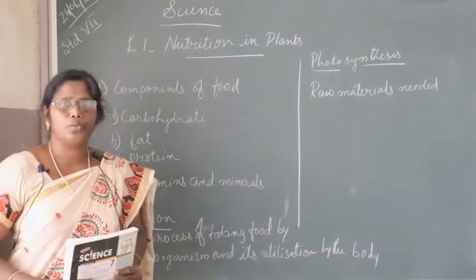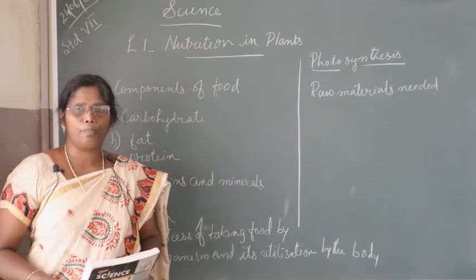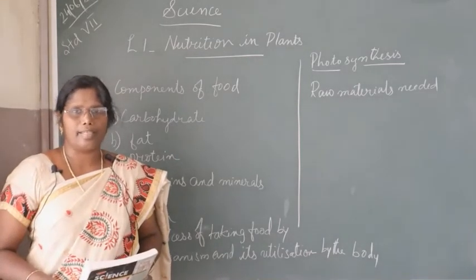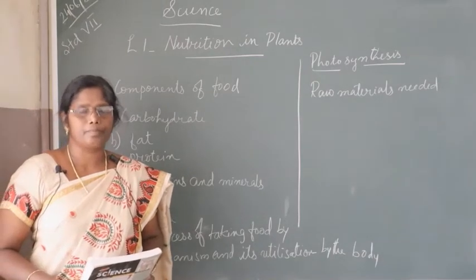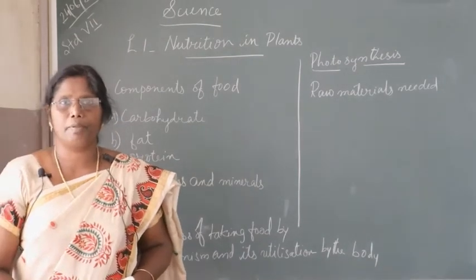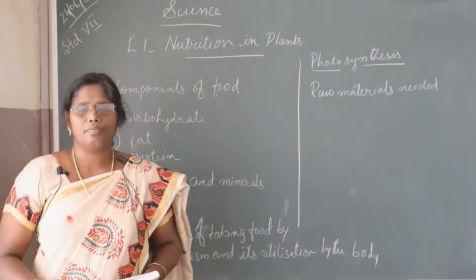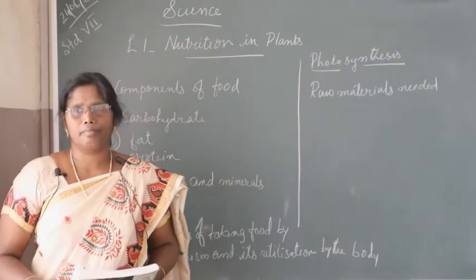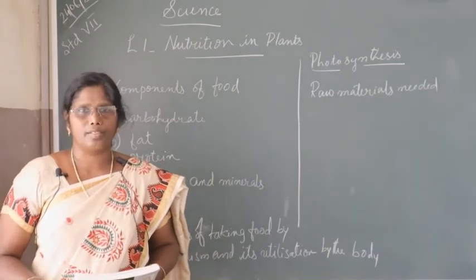There are two types of nutrition. Number 1, autotrophic nutrition, and the second, heterotrophic nutrition. The organisms which can prepare their food by themselves from inorganic matter are called autotrophs.